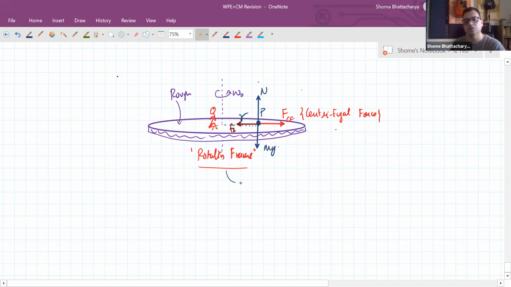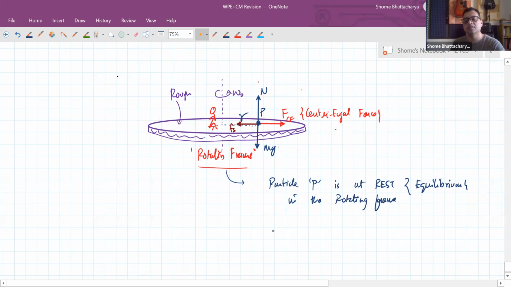So with respect to this rotating frame, you can see the particle P is at rest. Which means it's in equilibrium. Net force on it should be 0 in the rotating frame. Okay. So that's happening in such a way because static friction balances the centrifugal force.